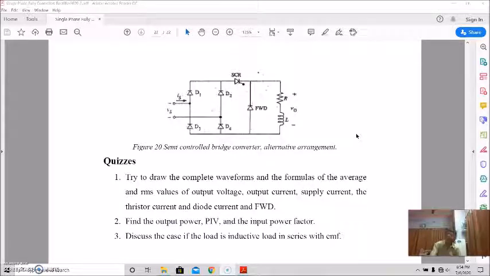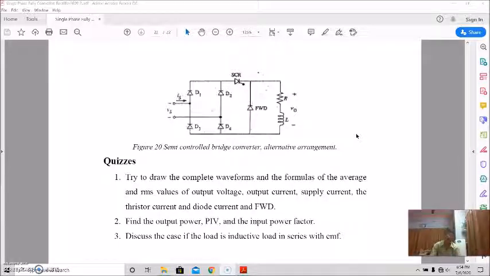From the next class onwards we'll discuss the same things in the case of three phase AC to DC converter circuits, with different types of load, resistive, inductive, along with freewheeling diodes, and with RLE load, whatever the case may be.